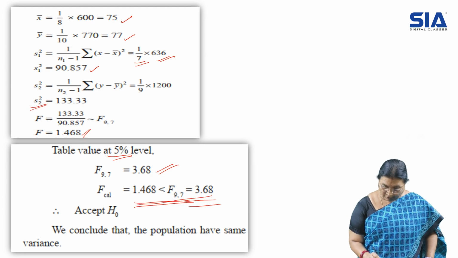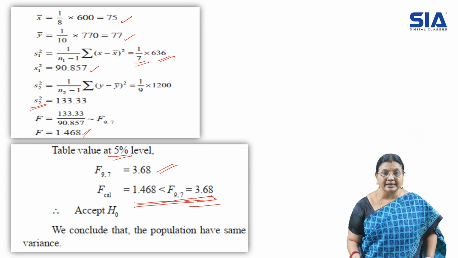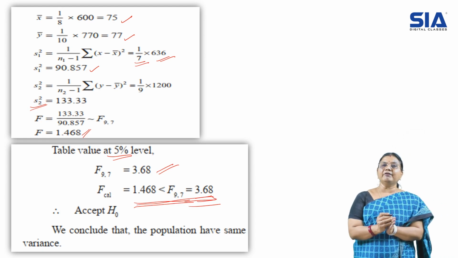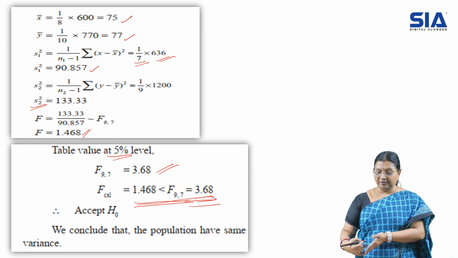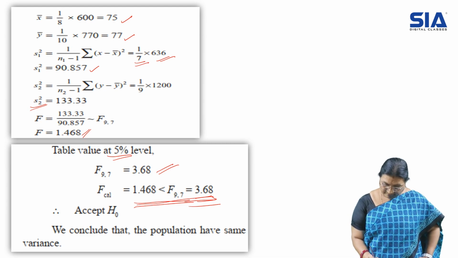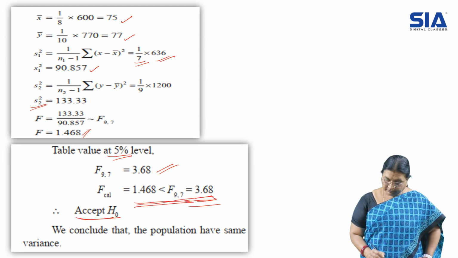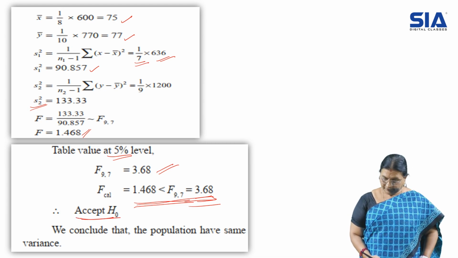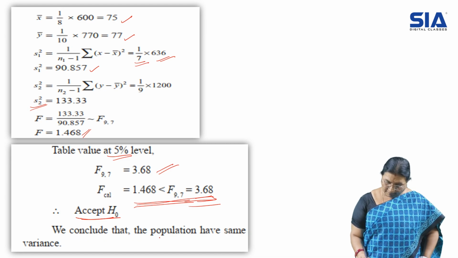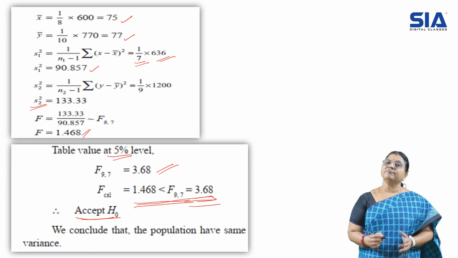The table value is 3.68, and 1.468 is less than 3.68. That means our calculated value is less than the table value, which indicates that the null hypothesis is accepted. So we conclude that the populations have the same variance.